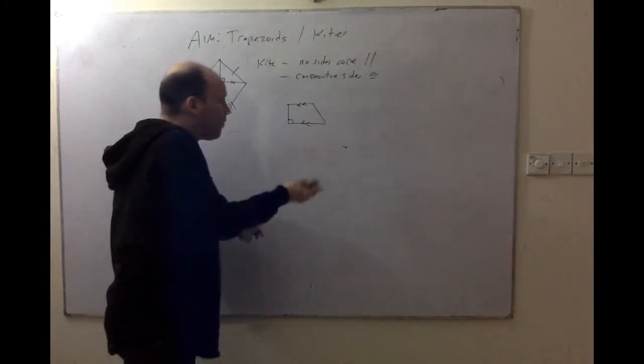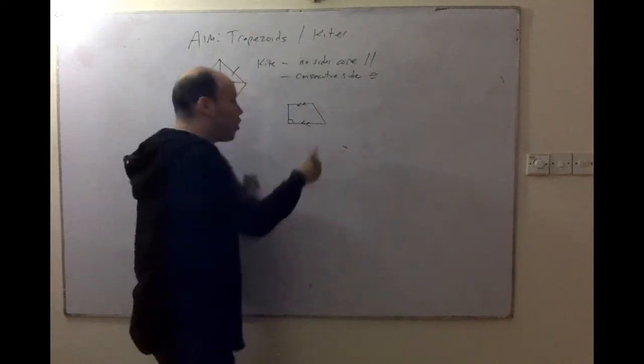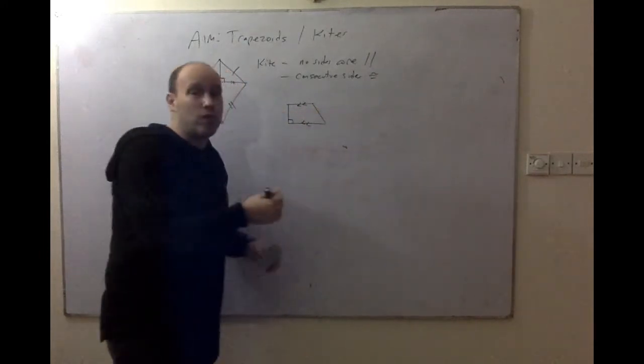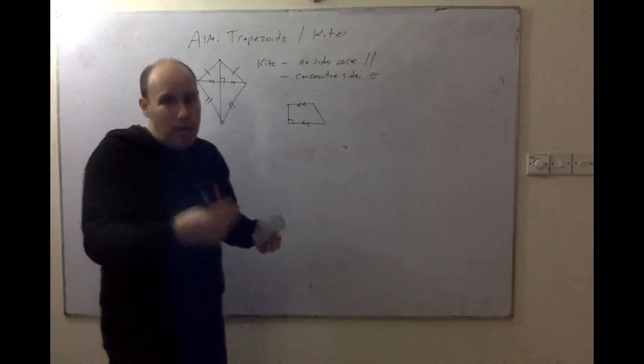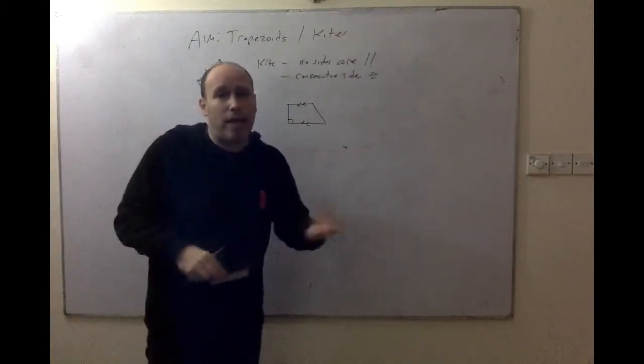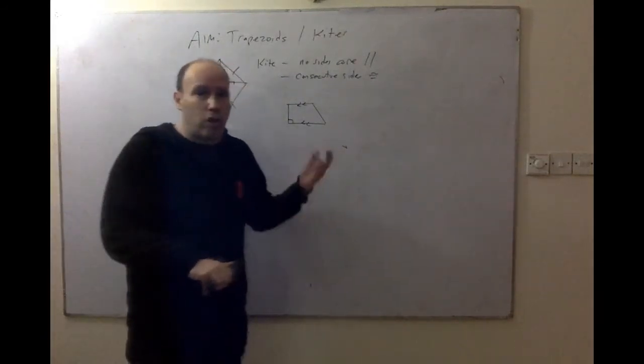You can prove a couple of things. You can prove the diagonals are not congruent to each other. You can prove that the two legs are not congruent to each other. In both cases, you start with the assumption that they are congruent, and you would arrive at the idea that we no longer have a trapezoid.